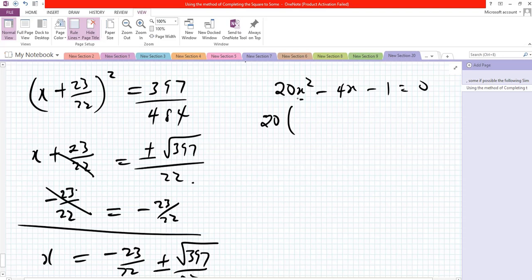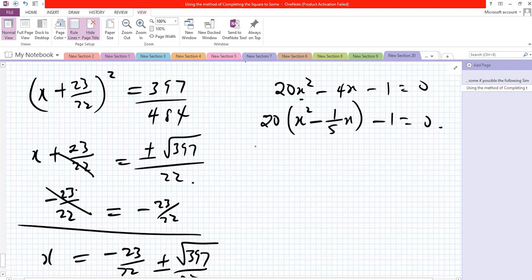If I divide 20x squared with 20, I will have x squared minus, if I divide this minus 4x with 20, I will have minus 1 over 5x. Now minus 1 equal to 0.